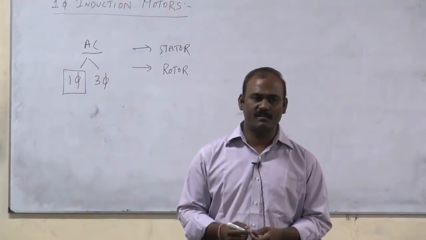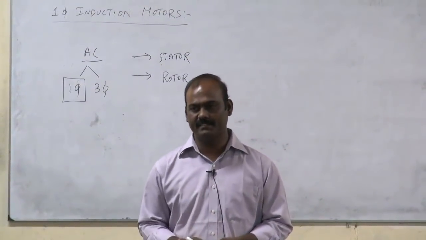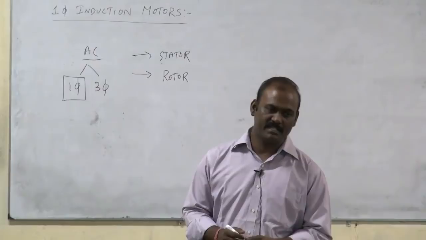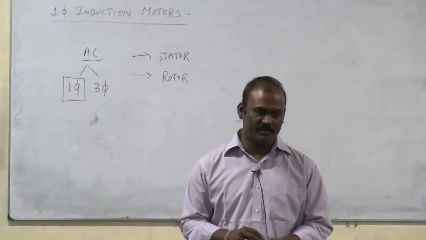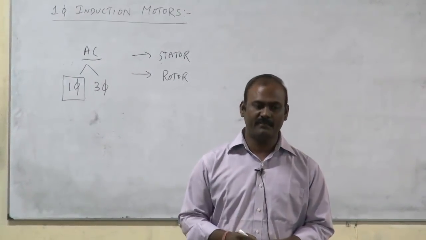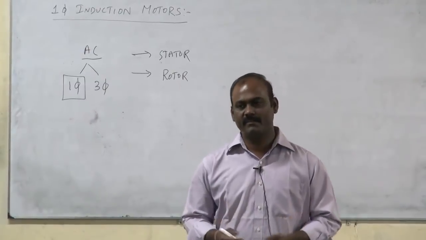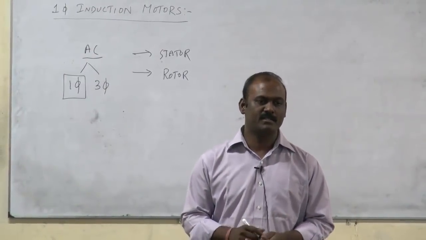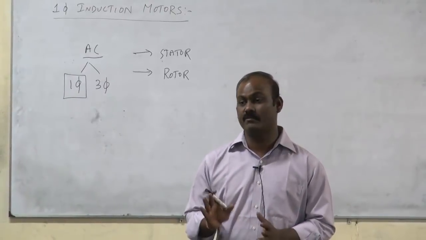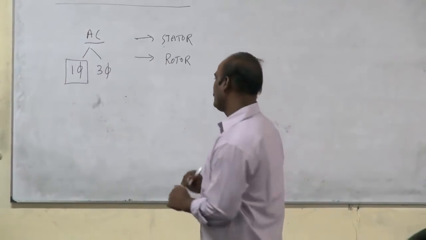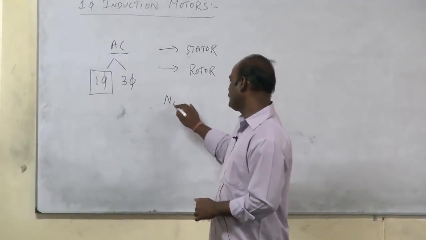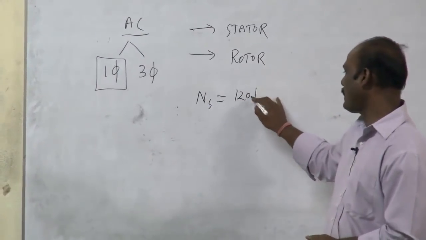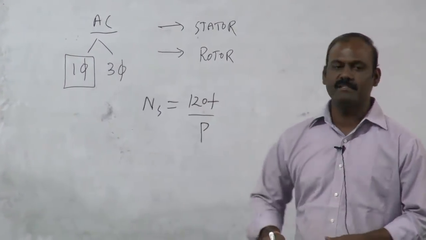The reason this pole concept comes in is that the speed of the machine depends on the number of poles and the value of frequency also. Though the frequency is constant as far as India is concerned, 50 Hz. So the speed of the machine depends on the number of poles, right? Ns is equal to 120 f by P, where P is the number of poles.